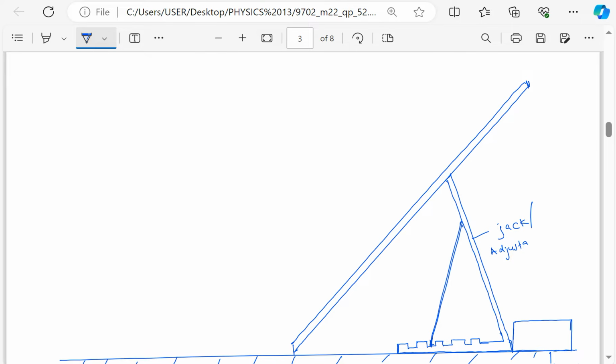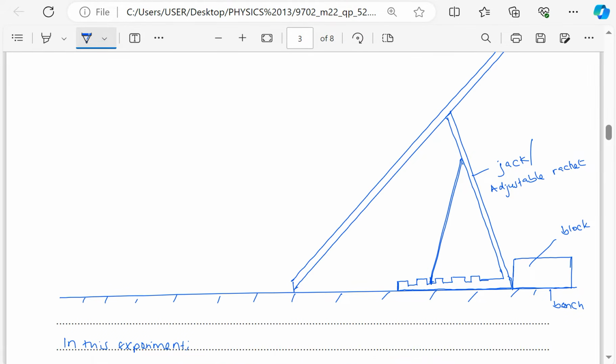This is actually a ratchet, adjustable ratchet. So this is just a block. The purpose of this block is to secure the jack or the adjustable ratchet. Okay, I hope this is the spelling of ratchet.